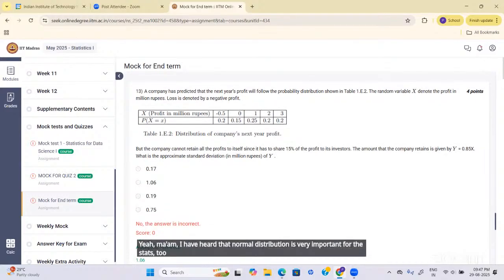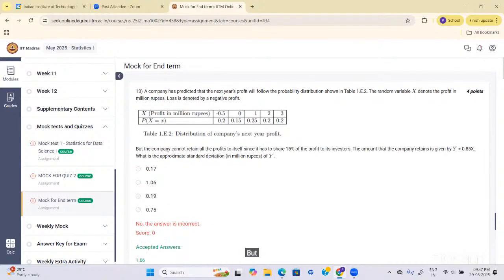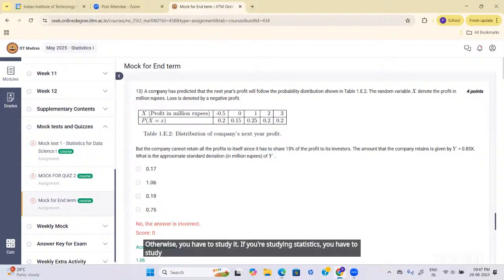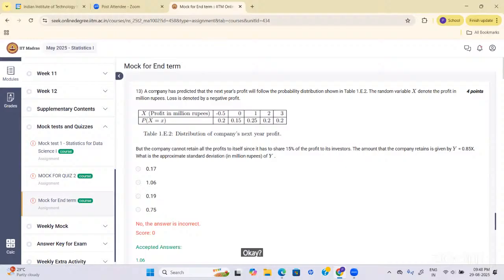Yeah, it's good if you learn it. The only thing is that people find it difficult, so that's why we're just not giving the question in the end term exam. Otherwise, you have to study it. If you are studying statistics, you have to study normal distribution. It's a very important thing in statistics.